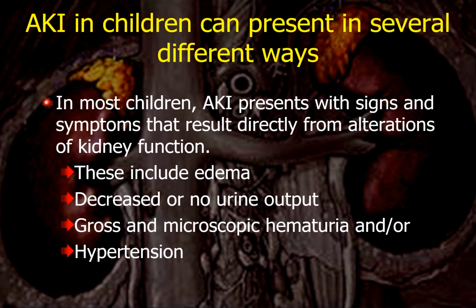It can be gross and microscopic hematuria and/or hypertension. In these patients, there is often a known etiologic factor that predisposes the child to AKI, such as shock or heart failure, or a preceding streptococcal infection seen in patients with post-streptococcal glomerulonephritis.